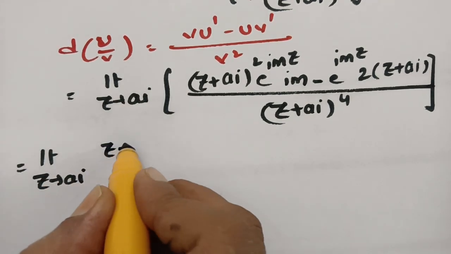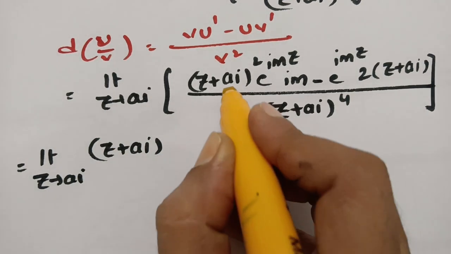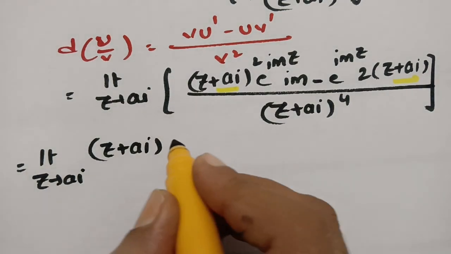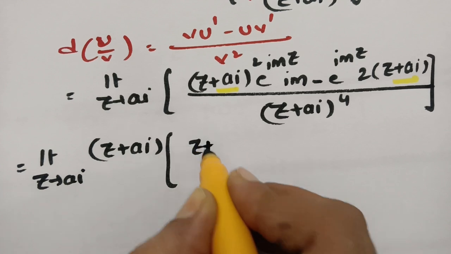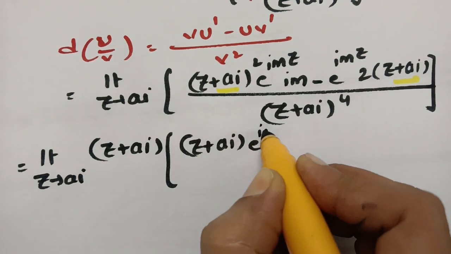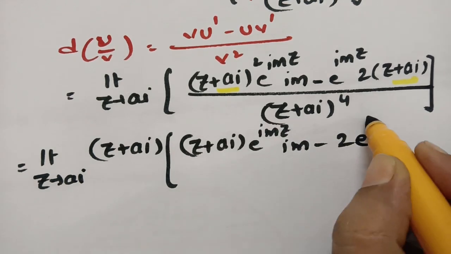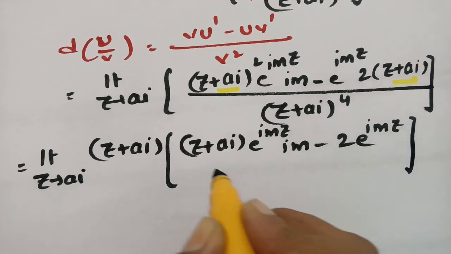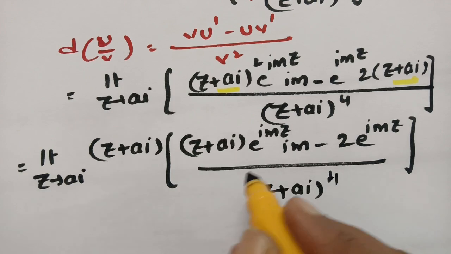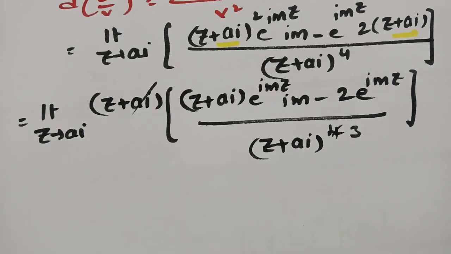And here this will be limit z tends to ai. If I take z plus ai common from these two terms, here is one z plus ai and here is z plus ai. So if I take it common, what remains here is z plus ai for one time, e power imz, im minus 2 times e power imz by z plus ai power 4. If I cancel one time, this will be cube.